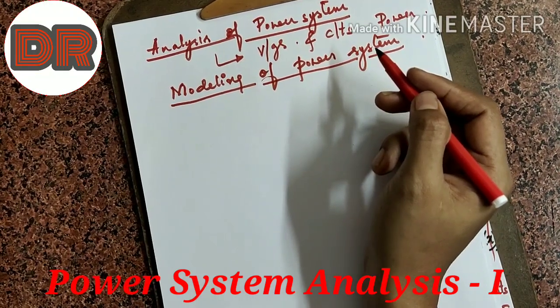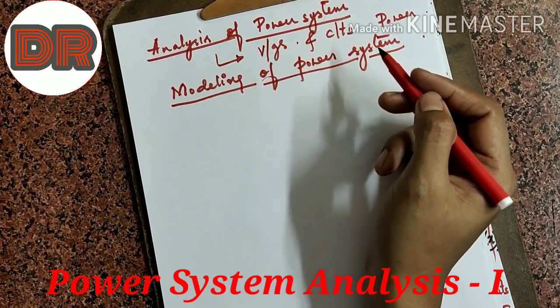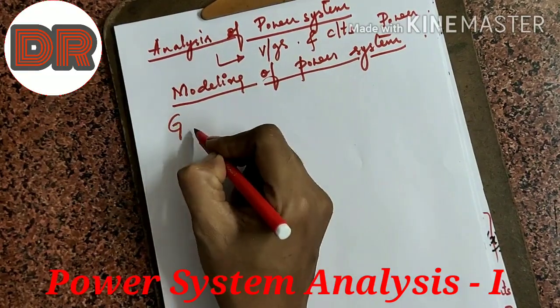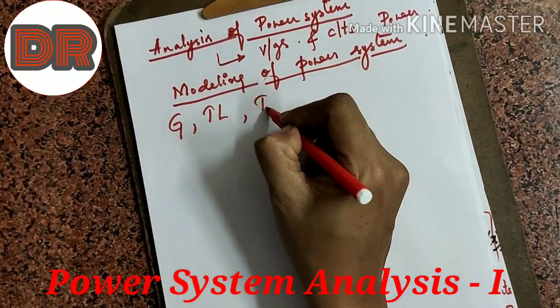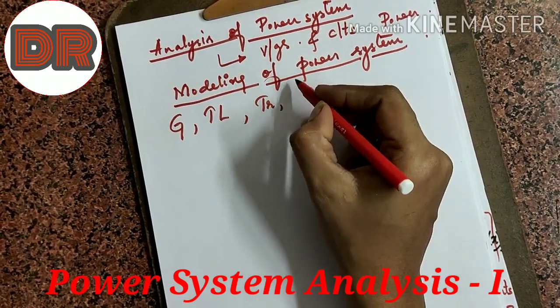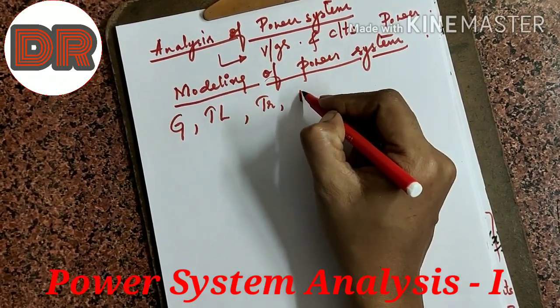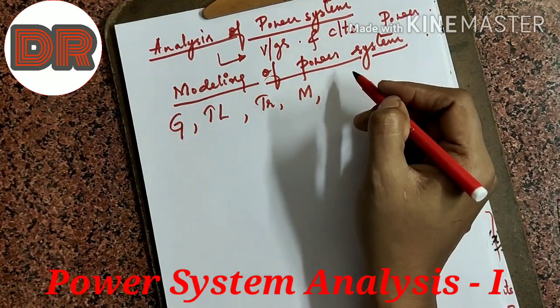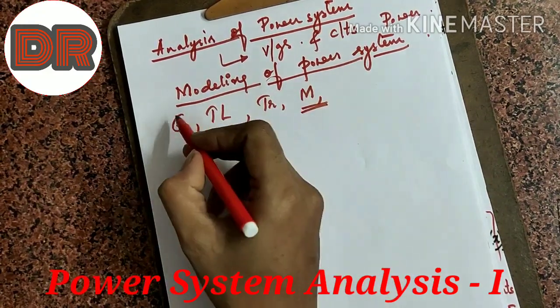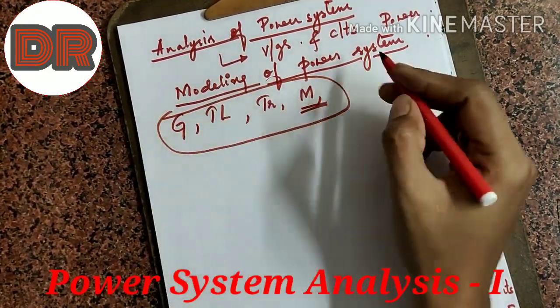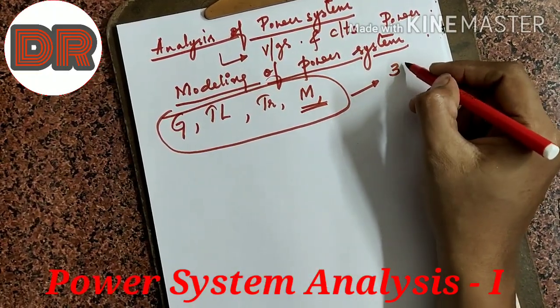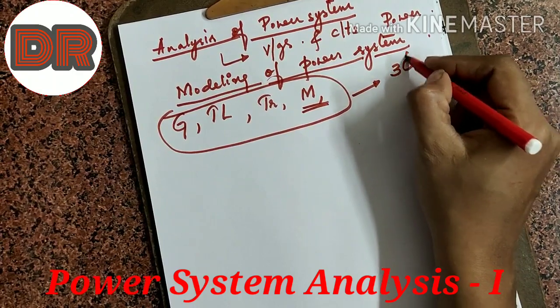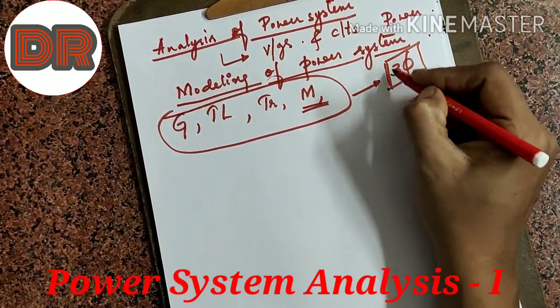We know that there are various components used in a power system. There are generators, transmission lines, transformers, and loads or motors or lighting loads, different loads. Also we know that all these elements appearing in a power system are three-phase components.